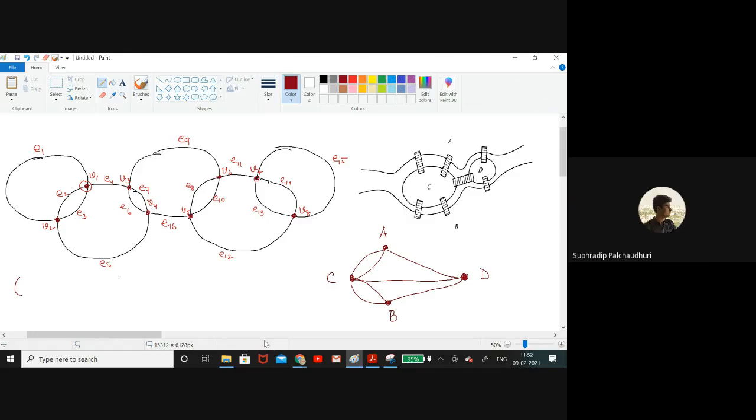Now, if from V1 we choose the last of E1, E2, and E3, then from V2 we have to move.